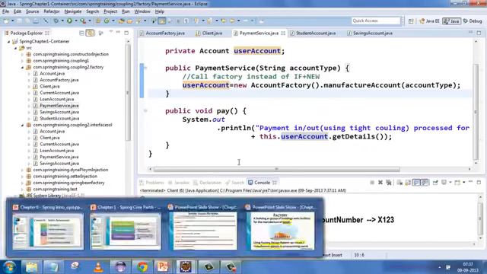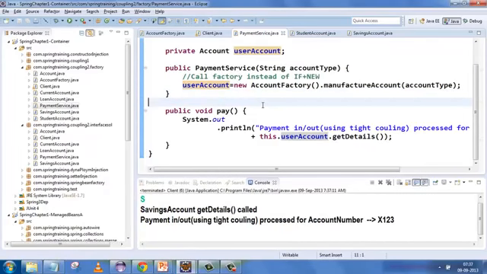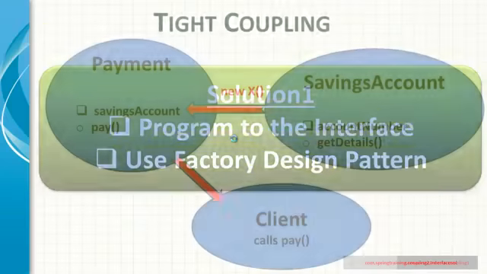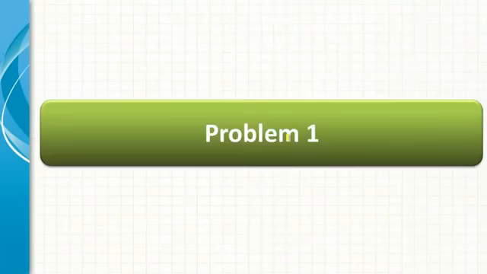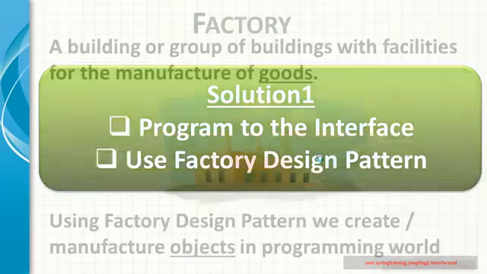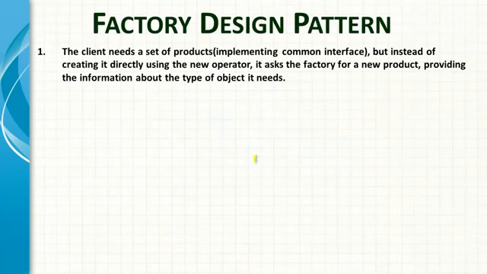So that's what we are trying to solve. We are trying to solve the tight coupling between systems, and the first solution was to program to interface and use the factory design pattern. We just saw how we solve this. So what is the factory design pattern?